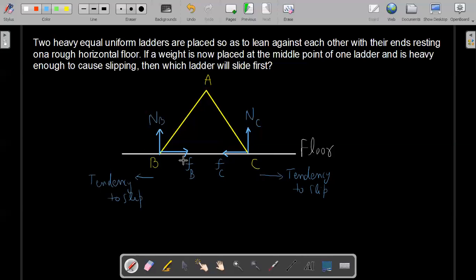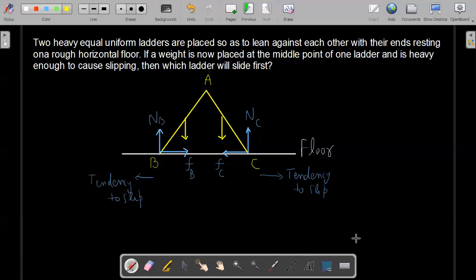Along with these normal reaction forces and the frictional forces, the weight of the ladders will act at their centers of gravity. The first weight, corresponding to ladder AB, will be in the downward direction. Similarly, another weight will be at the midpoint of ladder AC.